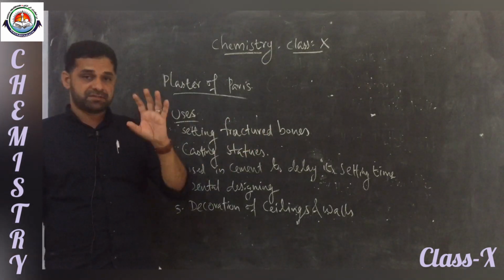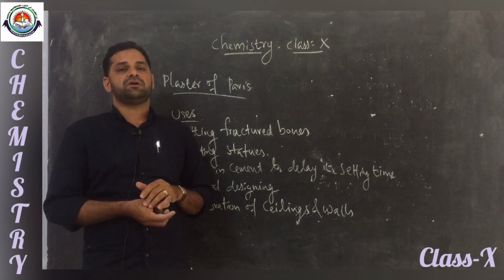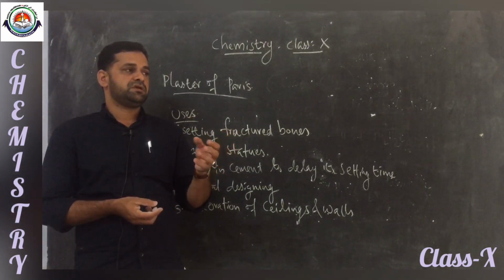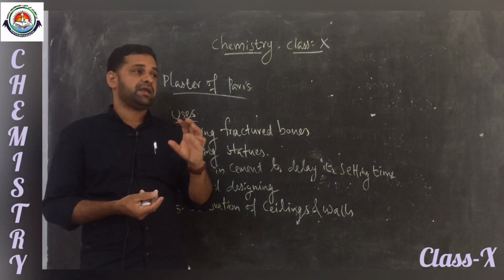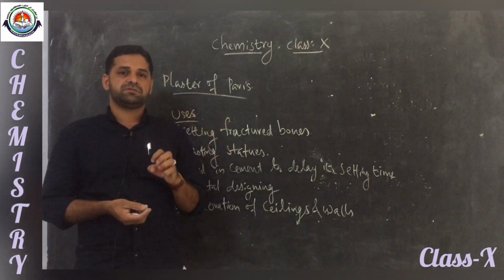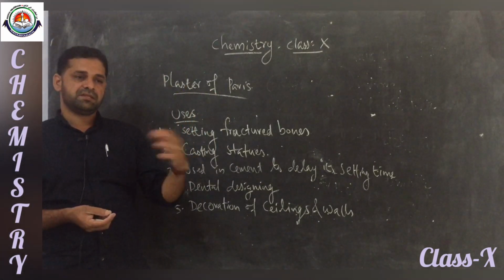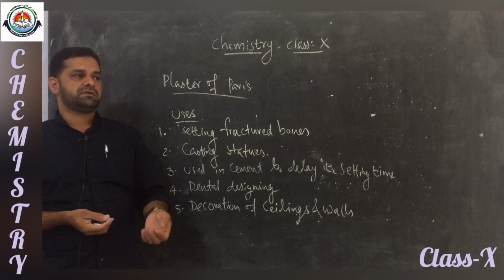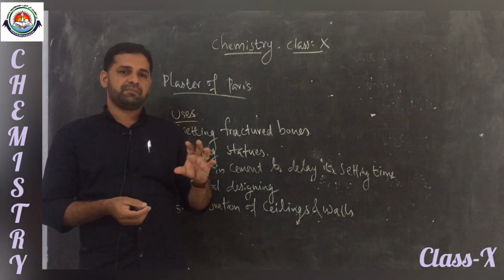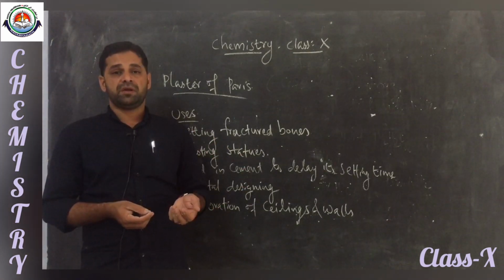And this plaster of Paris is highly sensitive to moisture. That is why it should be packed in an airtight container, otherwise it absorbs moisture, and then it converts into what? A dry mass which cannot be remolded.